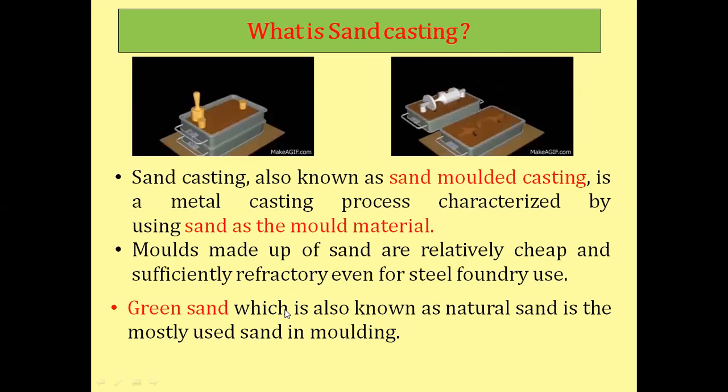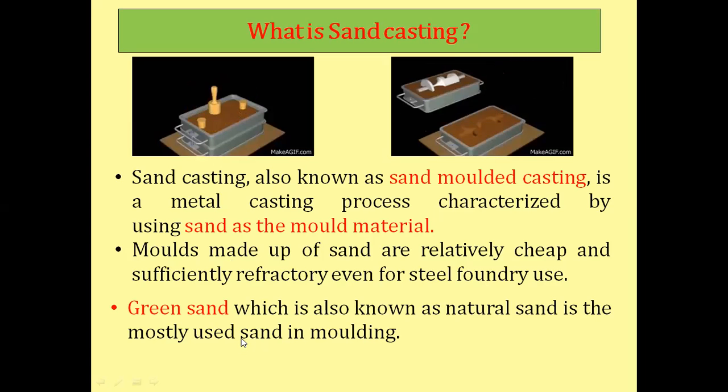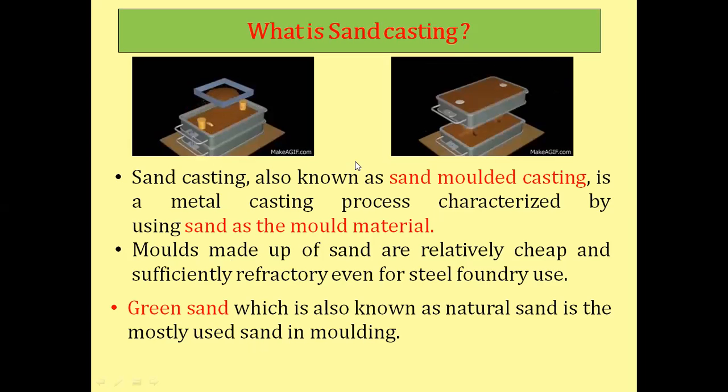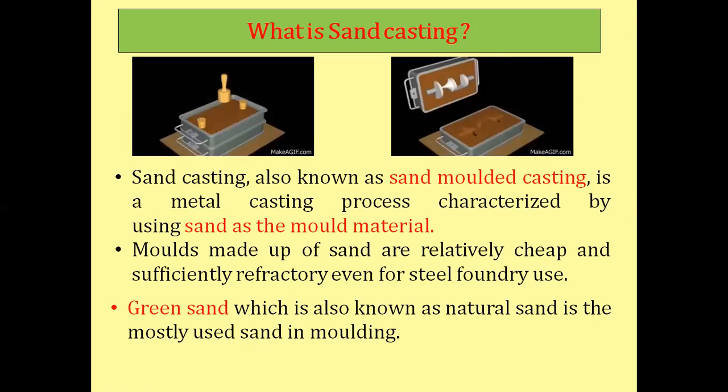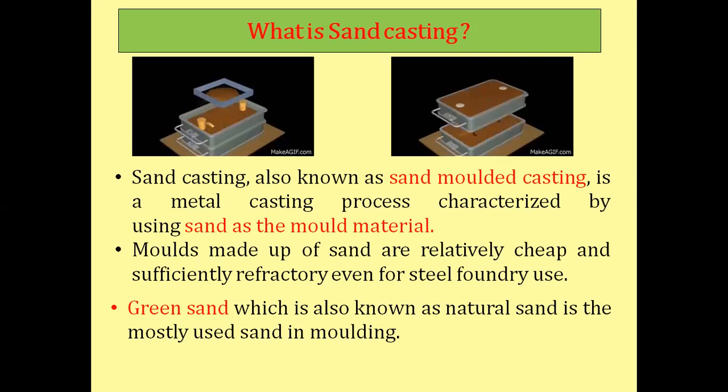So green sand, which is also known as natural sand, is the most used sand in molding. Okay, so this is called the sand casting process, in which you prepare the gear as a pattern, and you remove that pattern to form the cavity, and in that cavity you pour the molten metal, and after solidifying you get the actual gear.